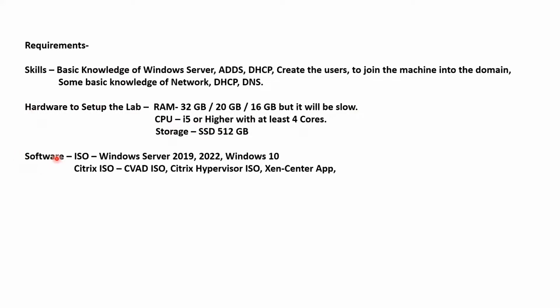And coming to the software requirement, so Windows Server 2019 ISO, or you can use Windows Server 2022, but please go with 2019 only. Why? Because it is a stable edition, right? And Windows 10 for client machines. So coming to the Citrix ISO files, the Citrix Virtual Apps and Desktops ISO file I will share with you, Citrix Hypervisor ISO I will share with you, and Citrix StoreFront I will share with you.